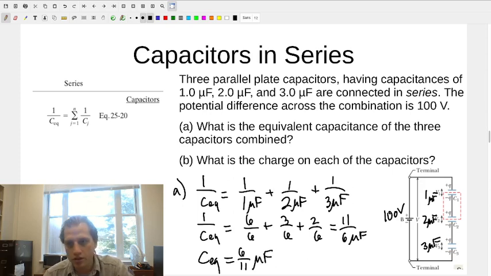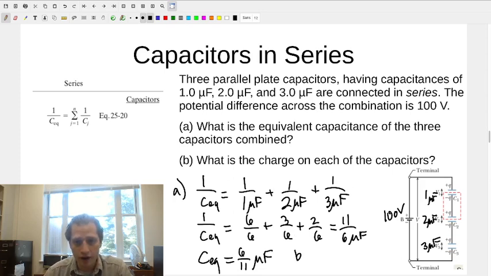The important thing to notice here is that that is smaller than 1, smaller than 2, and smaller than 3. So the equivalent capacitance of a bunch of capacitors in series is smaller than the capacitance of any one of the capacitors in your circuit.